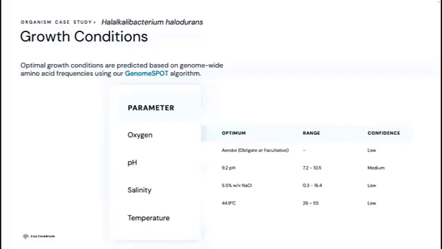This model has been trained on more than 11,000 organisms across 4 different conditions: oxygen tolerance, pH, salinity, and temperature. The predictions suggest an optimum, a range, and we also provide confidence levels for these predictions.